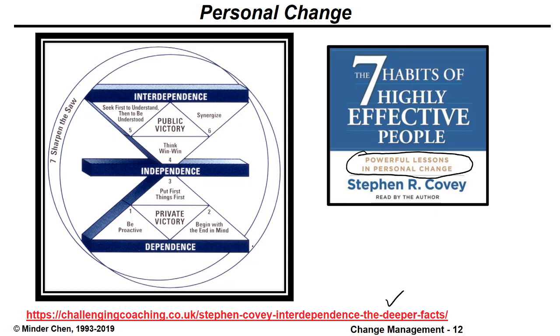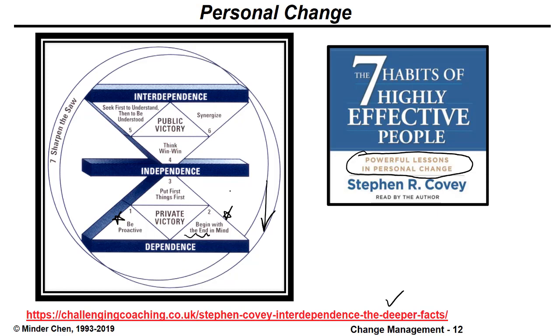Stephen Covey's 7 Habits of Successful People basically want people to improve or develop good habits inside themselves. For instance, be proactive and begin with the end in mind, which means set your own goal.